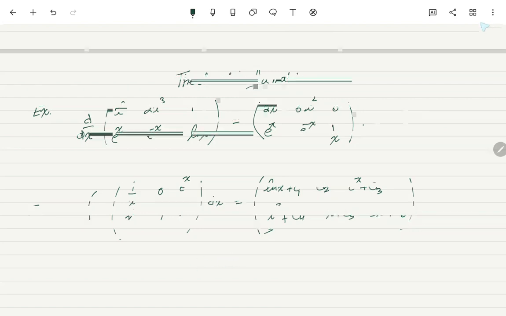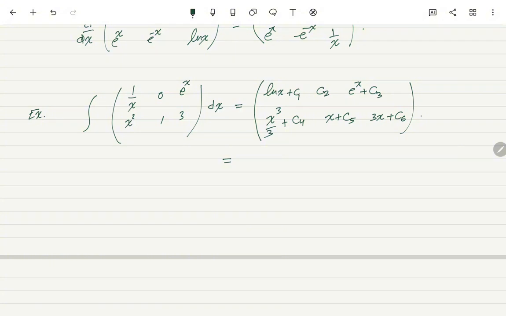And we can write the new matrix as the addition of two matrices, like this one here.